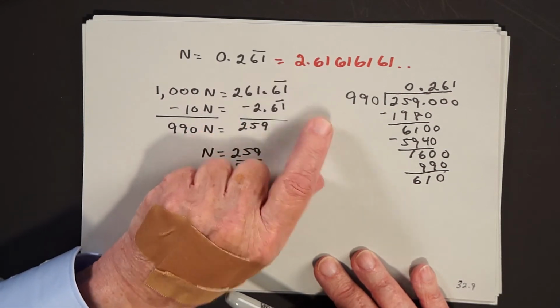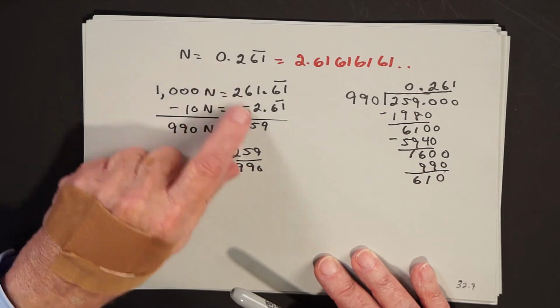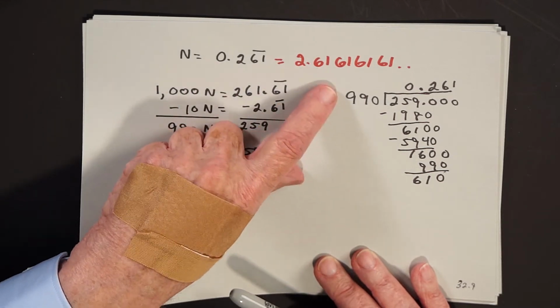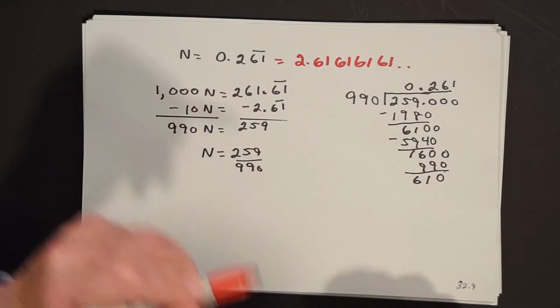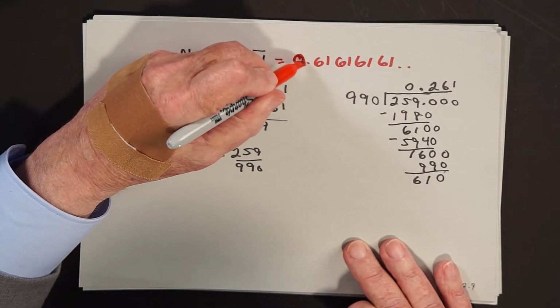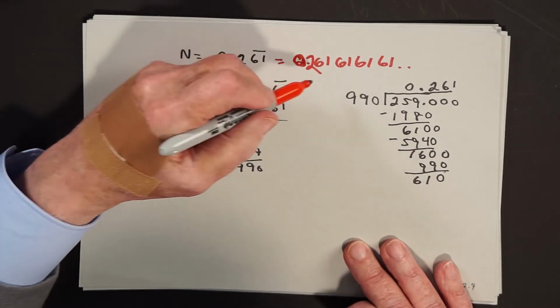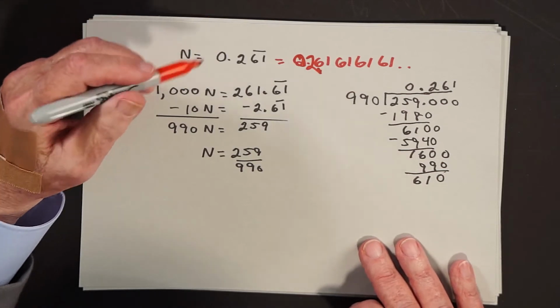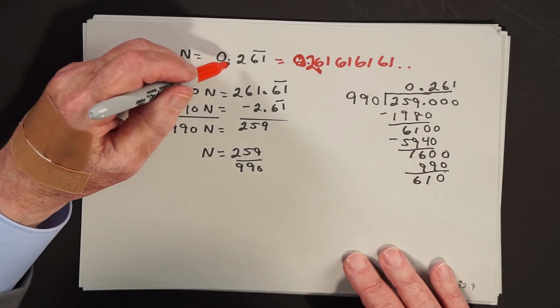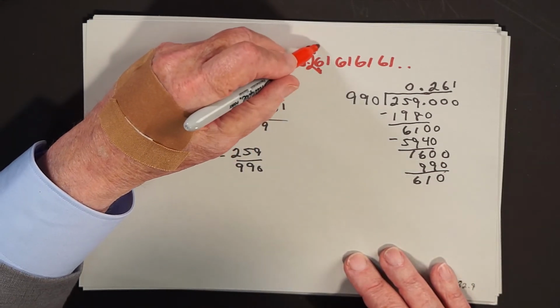That means I've multiplied by 10. So 10n would be 2.61 bar. Okay, I move it over one place. That's 10n. The next place I could move it is 3 places.